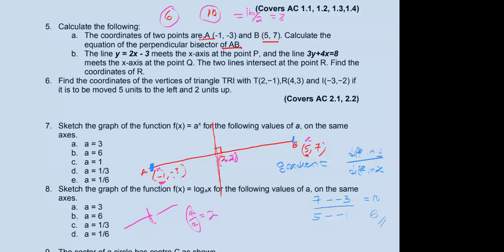So 10 divided by 6 gives 5/3. 5/3 is the gradient.